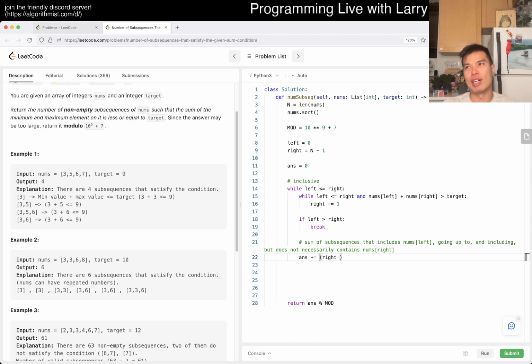So left plus 1 to right inclusive is going to be right plus 1 minus left plus 1. So then ends up being this. And of course, the power set of that number is going to be 2 to the power of this. And then we just do it with the mod, right? And then next we increment left by 1. I think this is roughly right.